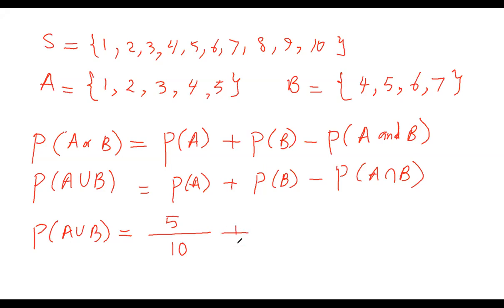Plus, what's the probability of B? How many elements do I have in B? 1, 2, 3, 4, divided by n of S. How many data do I have in my S? 10. Minus the probability of their intersection.